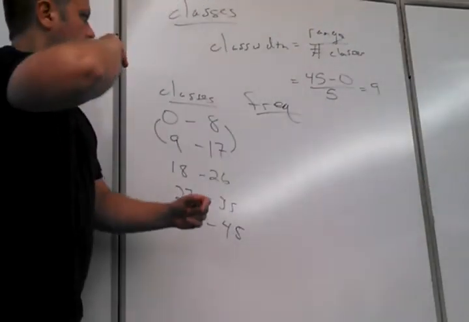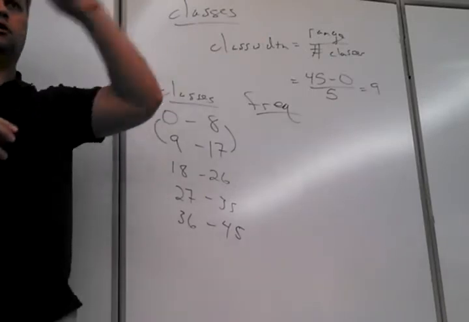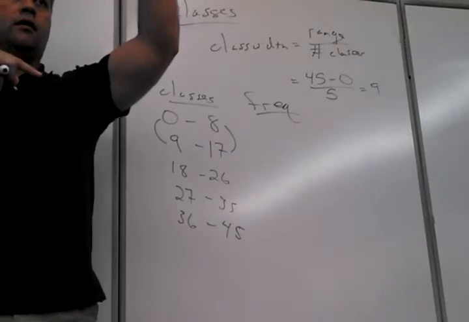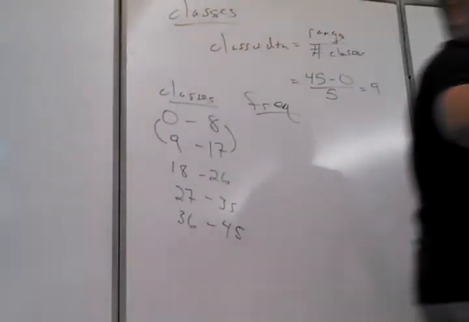All right, so last time we went over, and we'll do it again a bit later with some other data I want you guys to use, how to put it into the calculator, right? You put it into these lists.